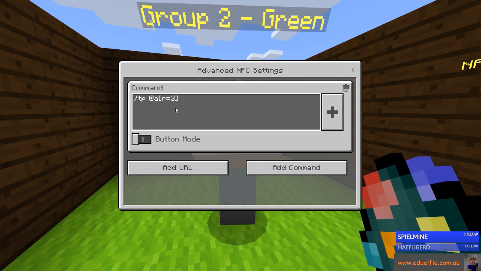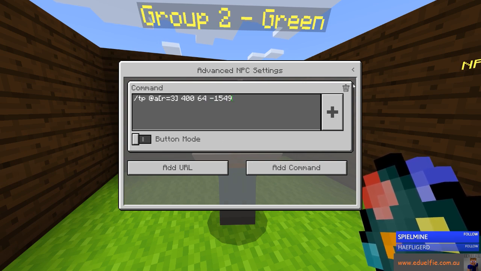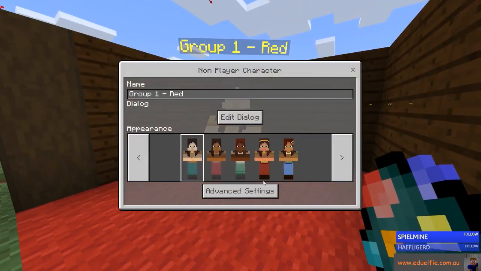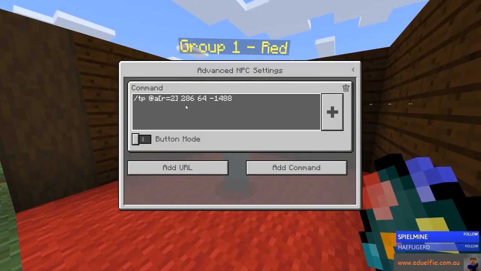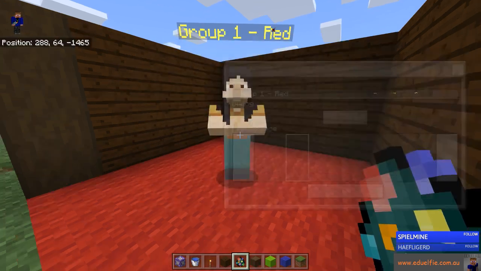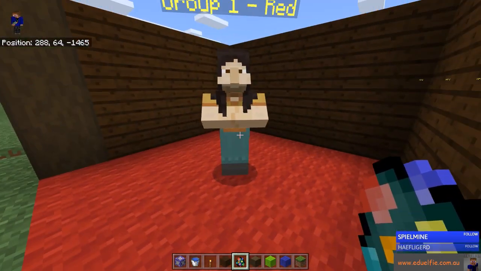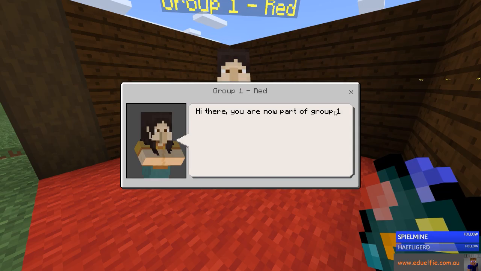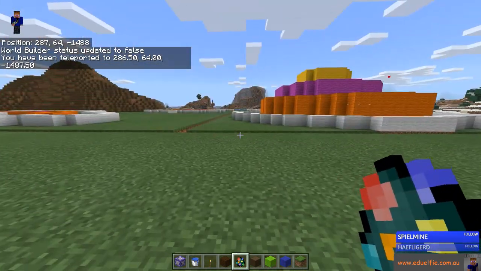Did I change 3 on the other one? 464 negative 1549. I change it to r equals 3. No. So now, in theory, even if I'm standing here, if I talk to you, I get teleported. Good.